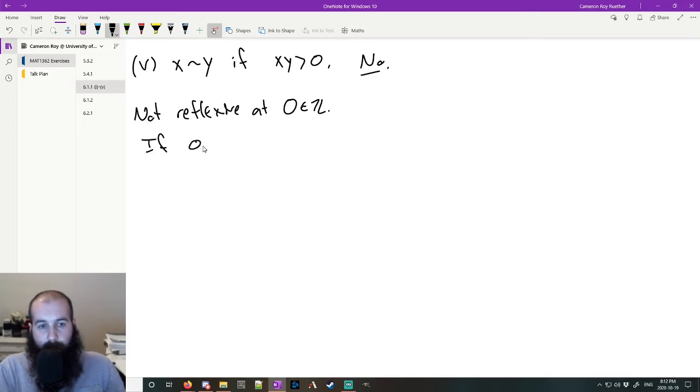If 0 was related to 0, this would mean that 0 times 0 is strictly greater than 0. However, this would mean that 0 is strictly greater than itself, which is a contradiction. So 0 is not related to itself. So this is not an equivalence relation.